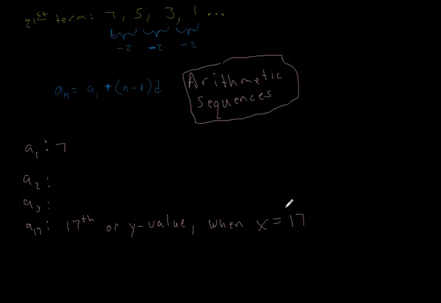Remember, 17 is a natural number. It's the domain, and a17 is the y value when x is 17.